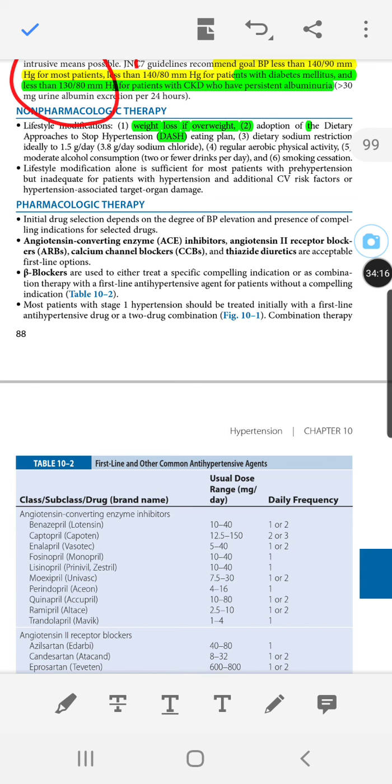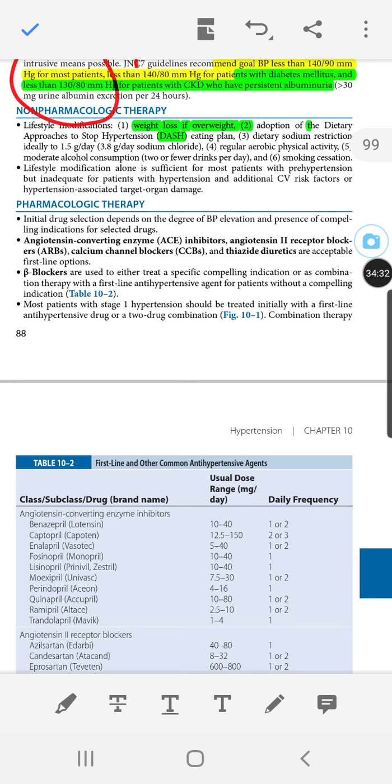Lifestyle modification alone is sufficient for most patients with pre-hypertension, but inadequate for patients with hypertension and additional severe cardiovascular risk factors or hypertension-associated target organ damage.